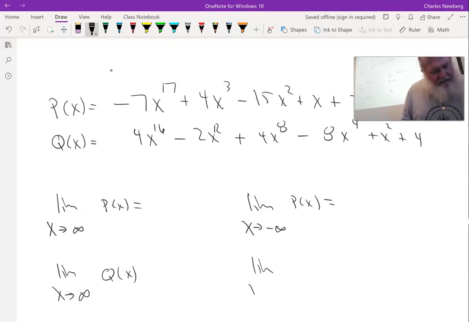And the limit as x goes to minus infinity of Q of x. I'll give you a second to think about those four limits as I rewrap my brain around what we were working on. I think I started thinking about the next section, so I didn't think about today's.